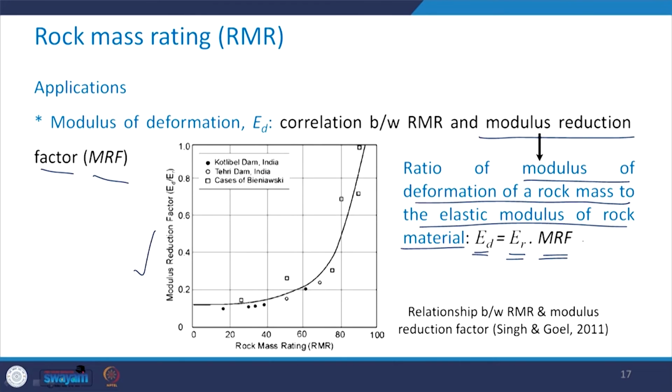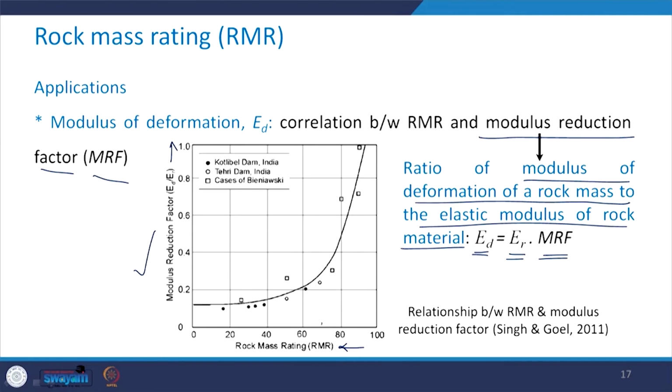Take a look at this figure which gives you the relationship between RMR and MRF. On the x axis it is the RMR which has been plotted, and on the y axis you have this ratio ED upon ER. Now say the value of RMR works out to be 70.